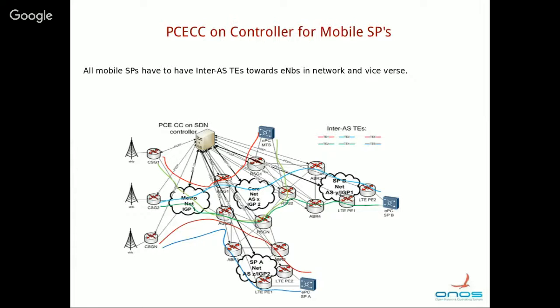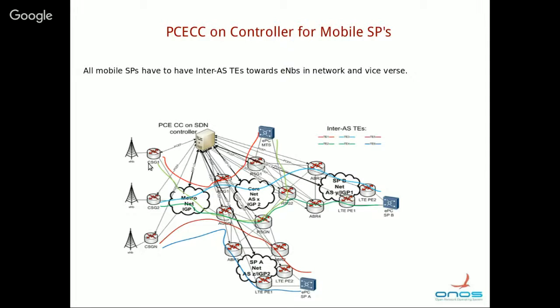The other use case we see is that PCECC can work on multiple networks, like core networks, access networks and mobile networks. We use this advantage of PCECC to calculate the path across multiple networks. If you take a mobile network, it has to pass through many networks.